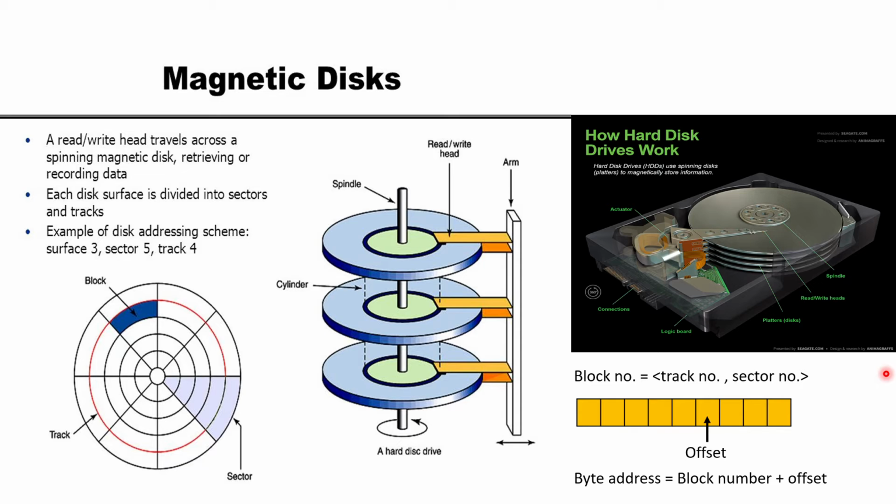But before that, let's start with the point of how data is actually stored in a hard drive, something like what we call a magnetic disk. One thing you remember, according to this diagram on the right hand side, this magnetic disk is actually a combination of many disks that have a spindle something like this.